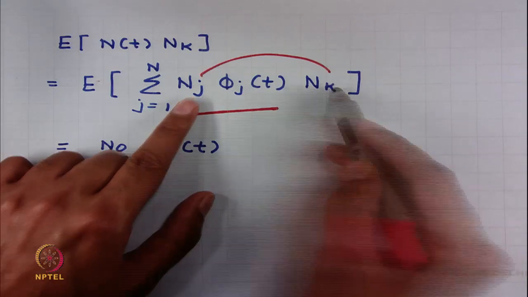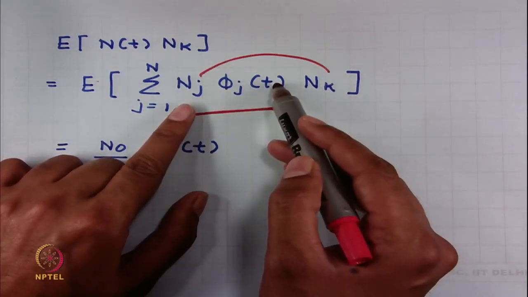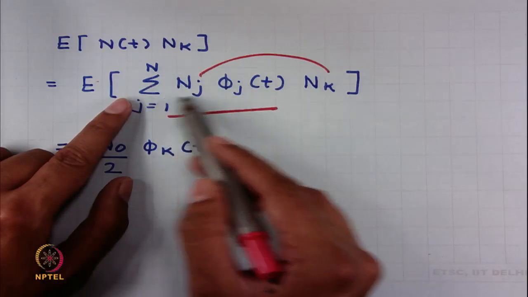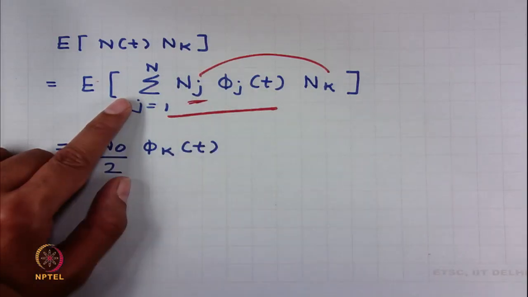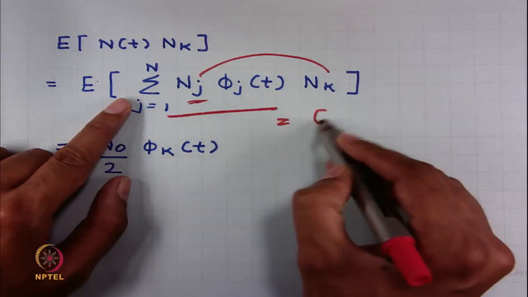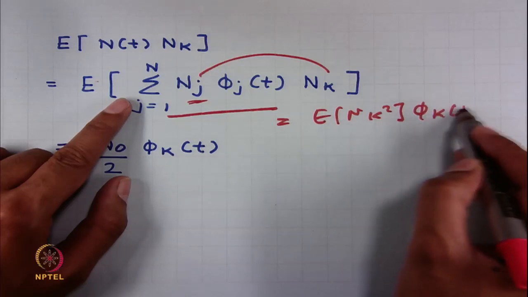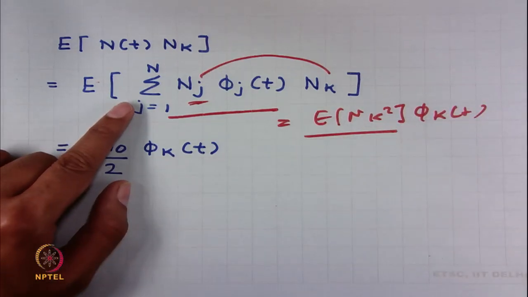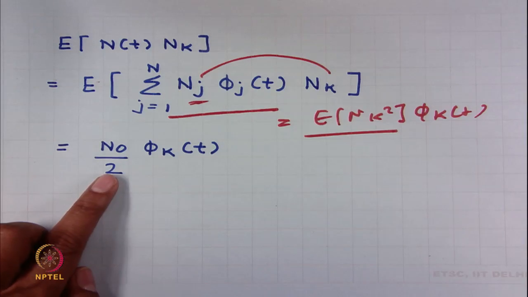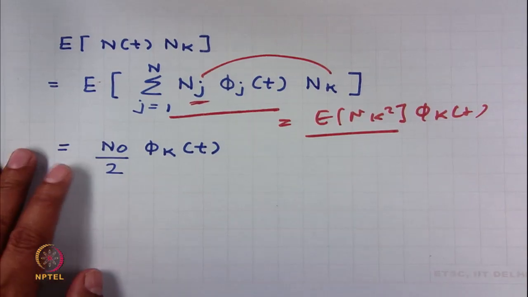So, multiplying N_k with all other terms will make it flat 0, and hence in the summation there is only N_k that we have to worry about. So, in that case this will be the expected value of N_k square times phi_k(t), and the expected value of N_k square is N_0 by 2, and hence this proof is completed.